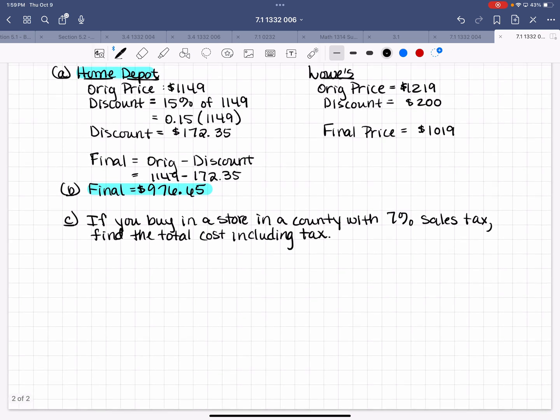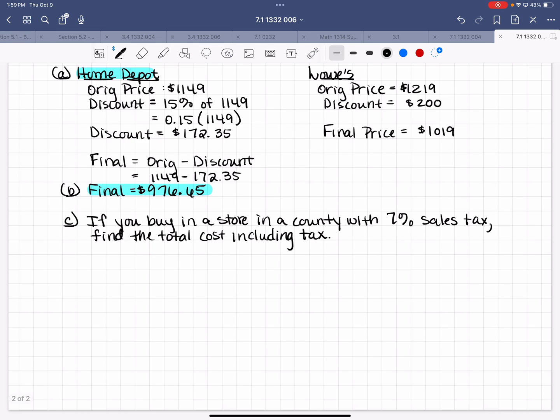Now, they specify in a store in a county with 7% sales tax. I don't know if you guys realize that or not, but depending on the county that you live in, the tax rate could be different.